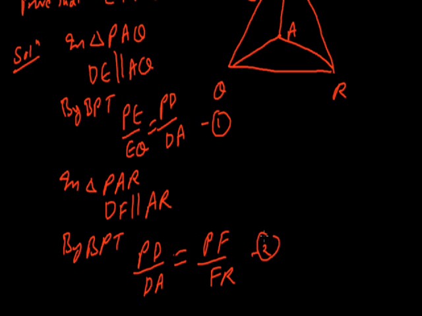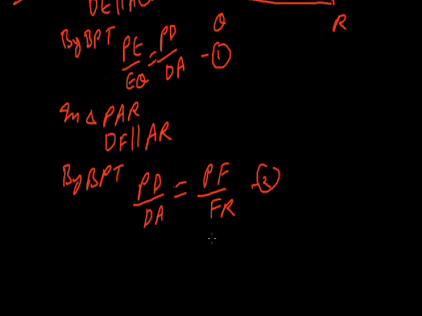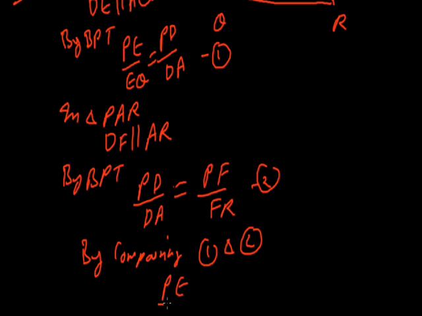Now this is equation 2. From these two equations, by comparing them, here PD by DA, here again PD by DA, so these are common. So we can say that PE upon EQ is equal to PF upon FR.